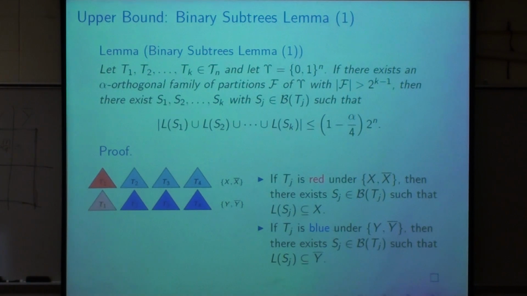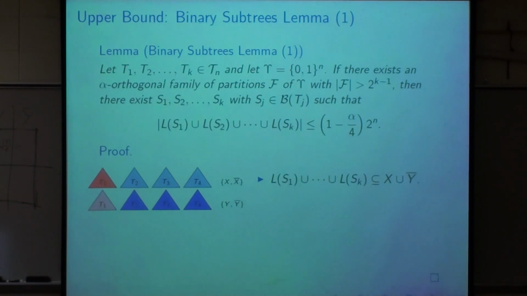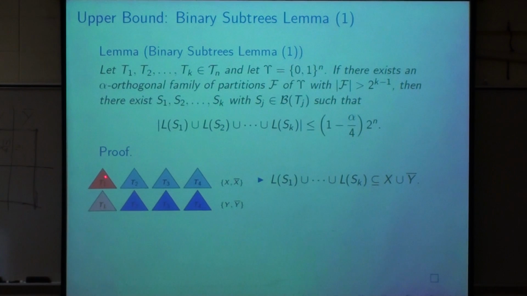Now if we select the red binary subtree for T1, and we select the blue binary subtrees for the remaining trees, then any path label in any one of those binary subtrees either has to belong to X, if it came from a red tree, or the complement of Y if it came from a blue tree.